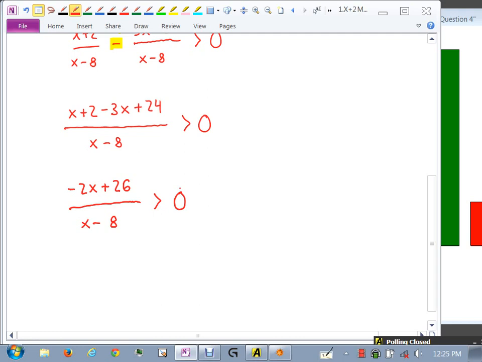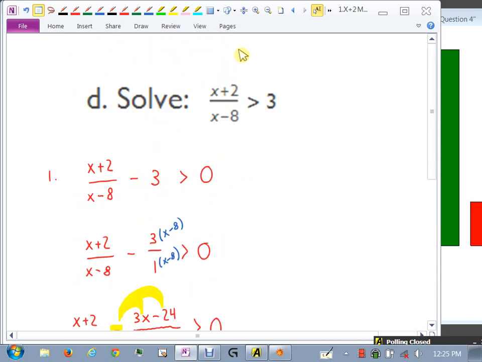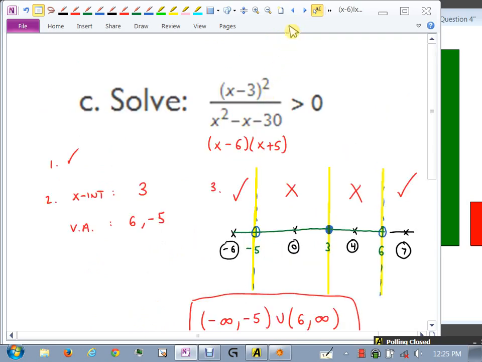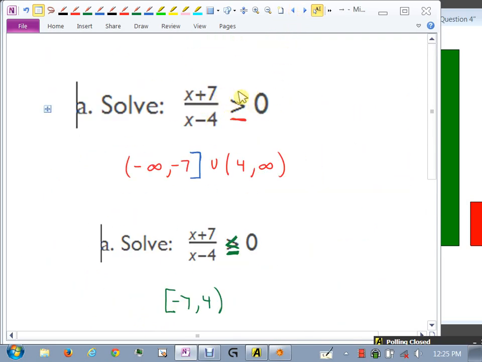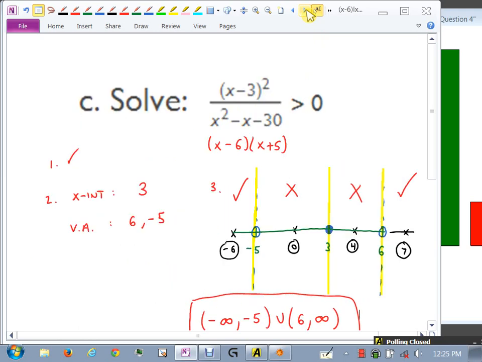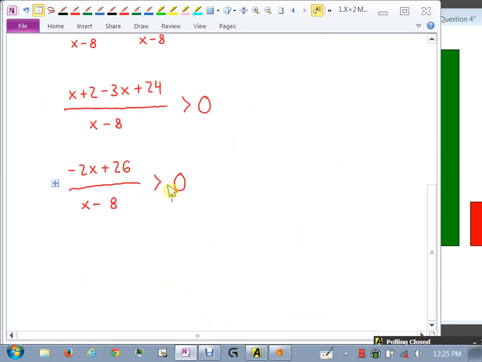Okay, so everything we've done up to this point, all this work that we've done was just to get it to look like this problem right here. See, we had something over something greater than 0. We had to do all that work just to get it to be something over something greater than 0. Now we may proceed with the rest of everything.